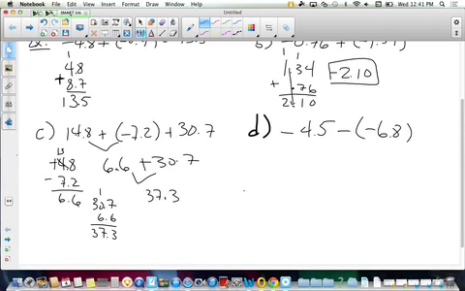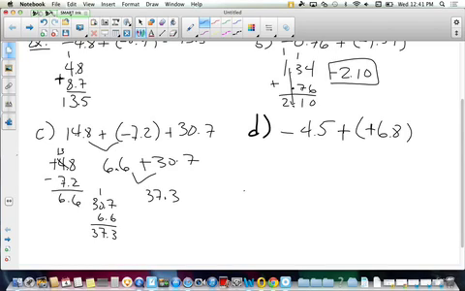Okay, so this is a subtraction problem. Remember, just like when we talked about subtracting with integers, if I have subtraction, the first thing I do is change my signs. Change, change both of them. This is a minus, change both. Minus, minus becomes plus, plus.